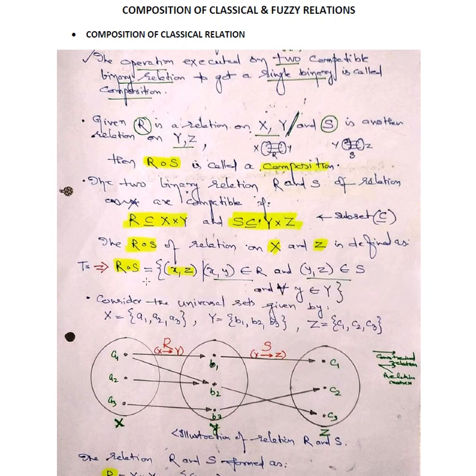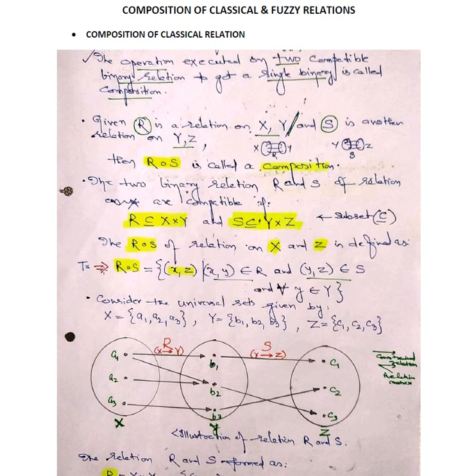Now if you go further, you will find that it talks about a minimum operation taking place between the XY and YZ membership values, and on top of it you are doing a maximum.